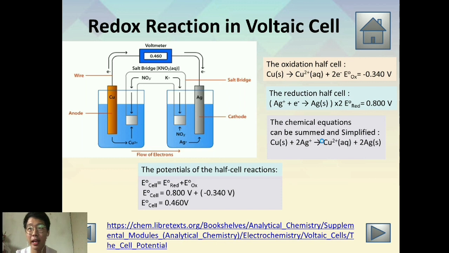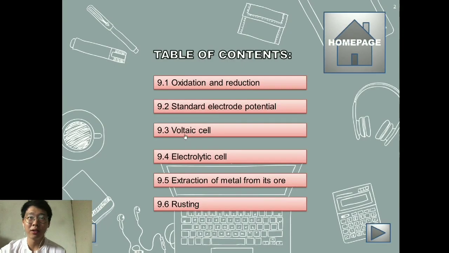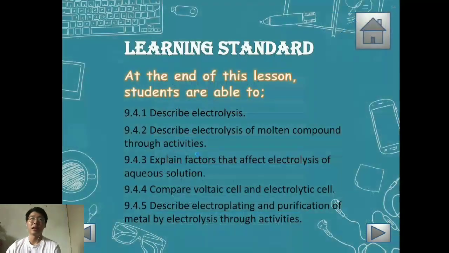Next, that is the discussion about redox reaction in a voltaic cell. Then we go to our homepage to learn about another topic, which is the electrolytic cell. In the electrolytic cell, we need to learn what electrolysis is. Then we learn the electrolysis of molten compounds through activities.